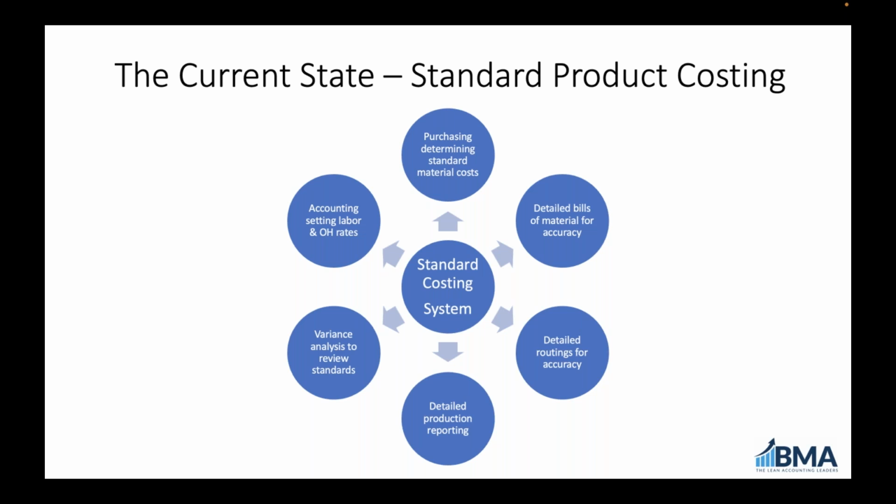And so those costs just move the numbers between the income statement and the balance sheet. Now, does a standard costing system work in valuation of inventory? Yes, it does, because it's all based on the production reporting. It's all based on what's being shipped. As long as you load in the standards and set all your rates, it works, but it's complex.